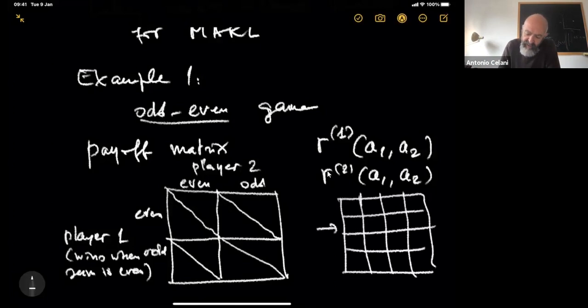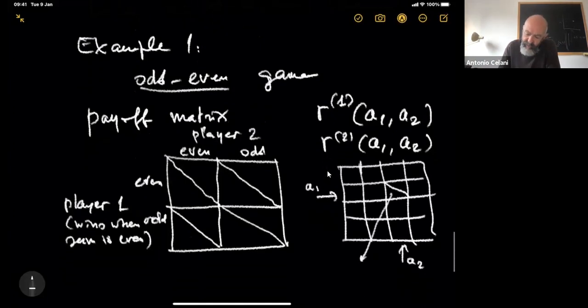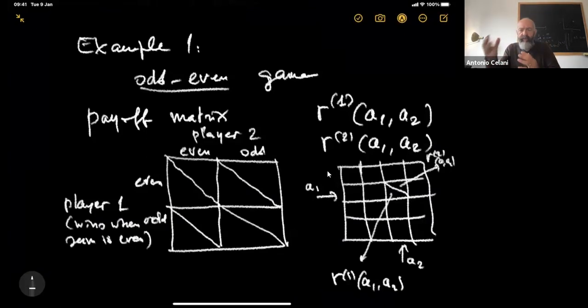If you have action 1 here and action 2 here, in this particular square, this lower part is occupied by R1, A1, A2, and this one is occupied by R2, A1, A2. So this is a way of graphically representing the 2 payoff matrices at the same time on this table.